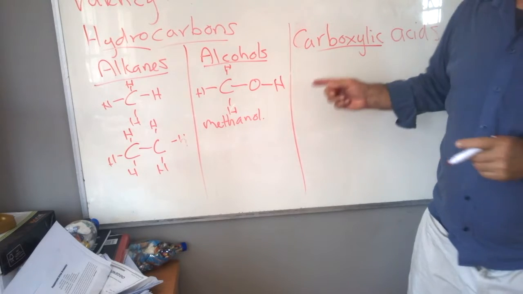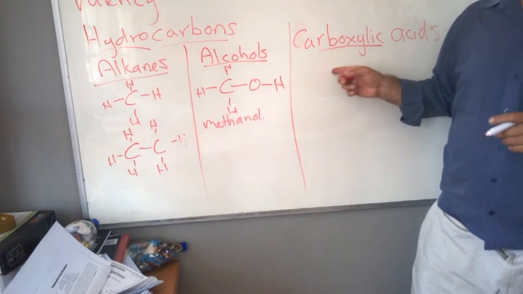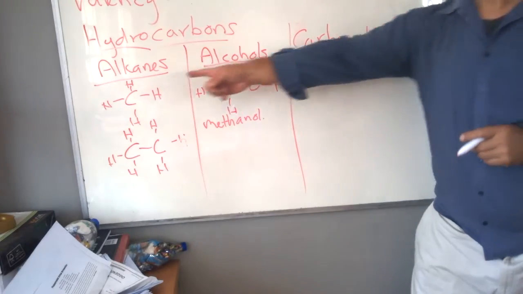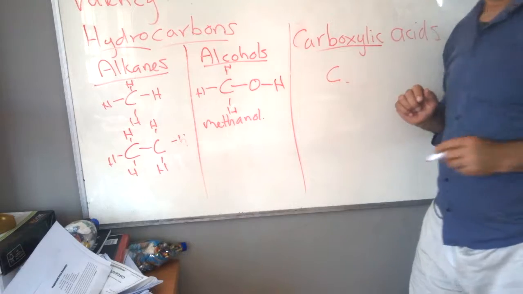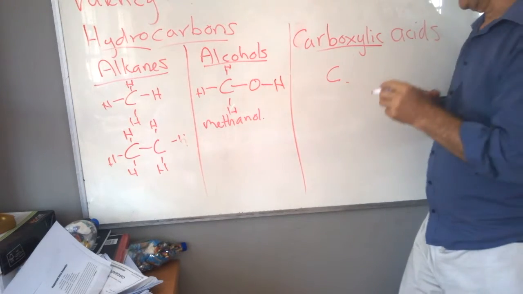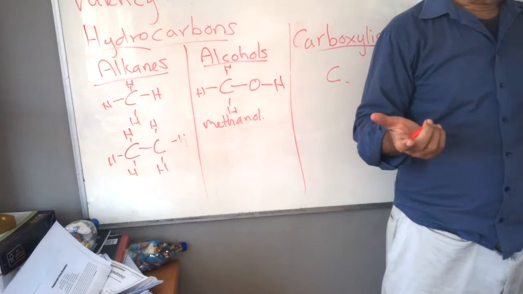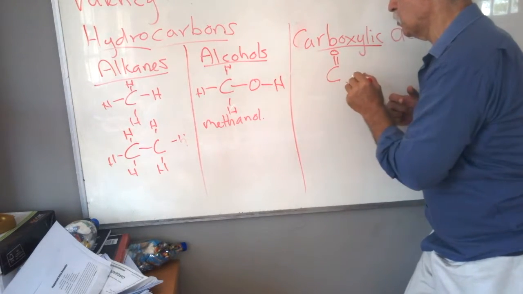Okay, how many carbons do you think the first of the carboxylic acids has? If this had 1 carbon, that had 1 carbon, this has got 1 carbon. Now here's what makes it an acid. Okay, watch this. It's also got oxygen. It's got 1 oxygen up there.